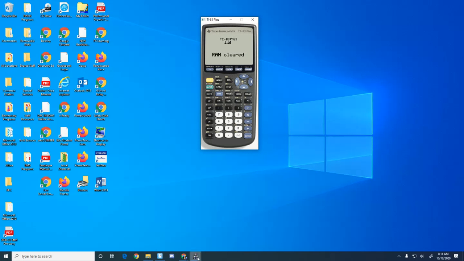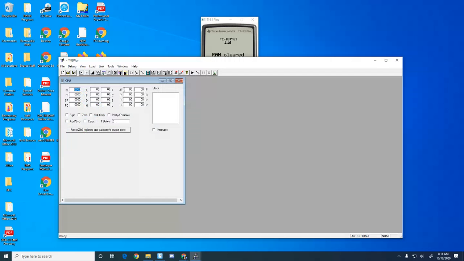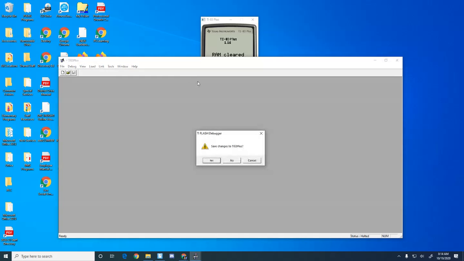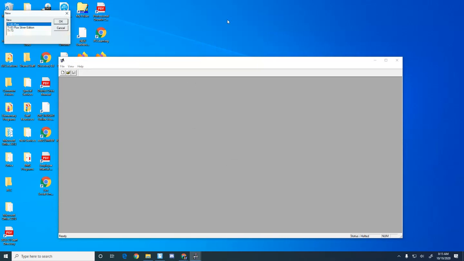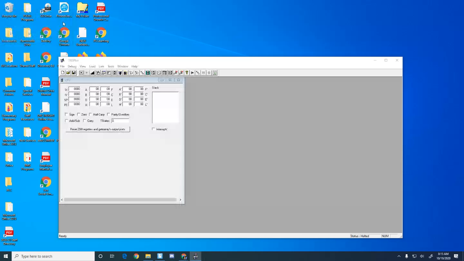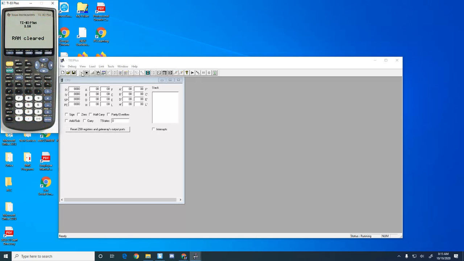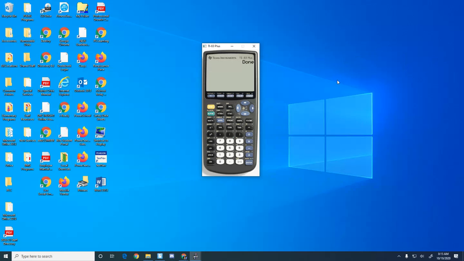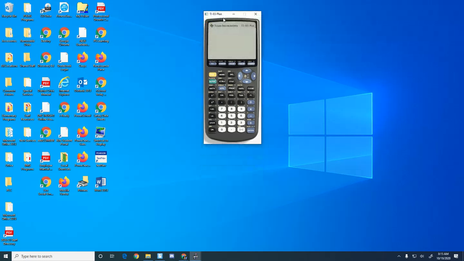Oh man. Let's try this silver edition. No, this should work. This worked earlier. Okay, I got it. I had hit the play button apparently. There we go. 6 times 8 equals woohoo. Okay, I can work technology.